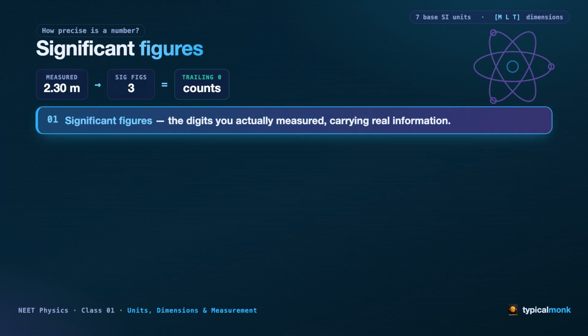Now, how precise is a number really? Significant figures answer exactly that. The significant figures of a measurement are the digits you actually measured, the ones that carry real information about how careful your instrument was.